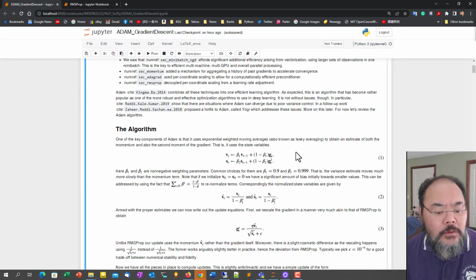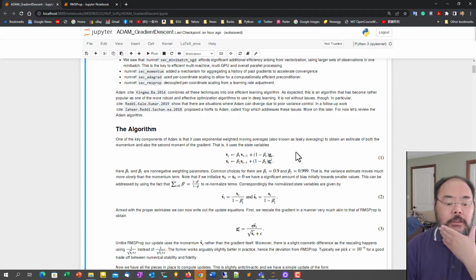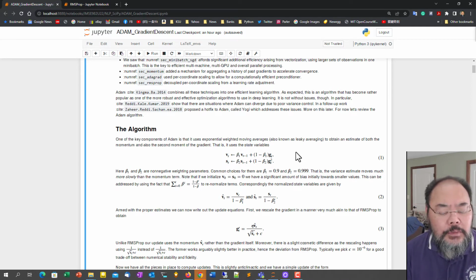Also, the second order momentum is exponentially smoothed: beta 2 times the current second momentum S plus 1 minus beta 2 times the gradient squared. So it's just a squared gradient momentum. The first momentum gives you the plus or minus information as well as the magnitude of the gradient.